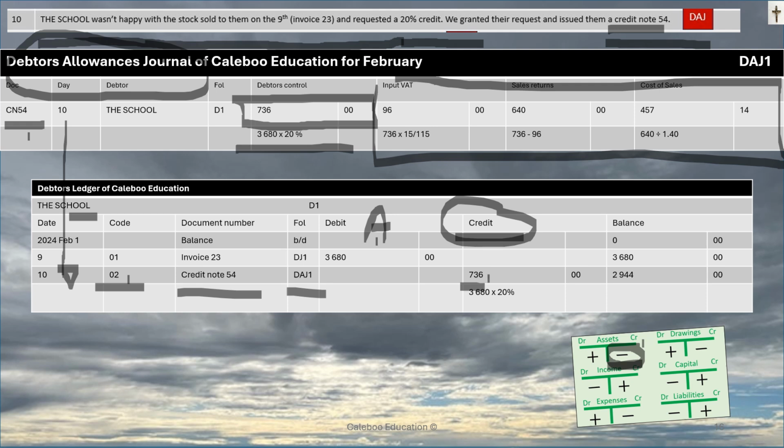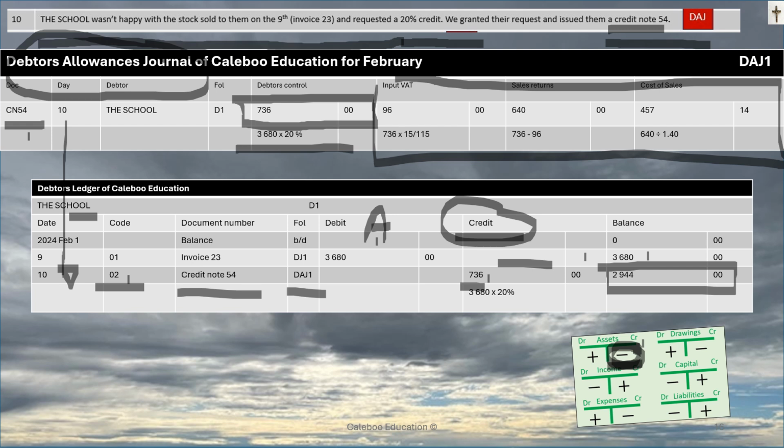The amount including VAT, 736. Now, if it's in the credit column, it was a decrease in the value of the asset, so the credit column is making this balance smaller. And that makes sense because the debtor, the school, owed us 3680.